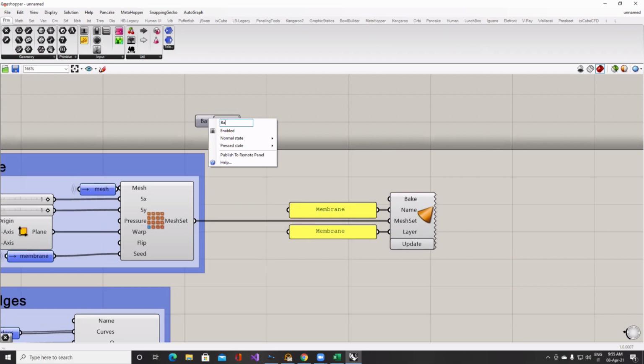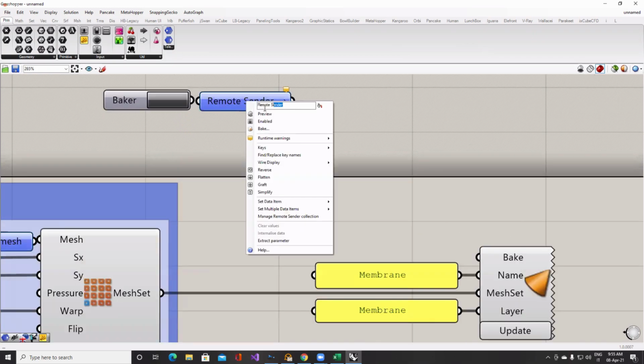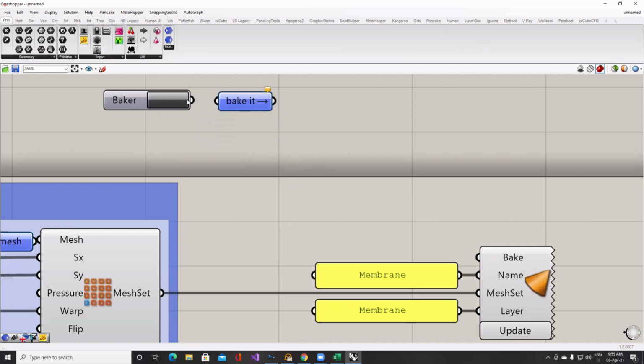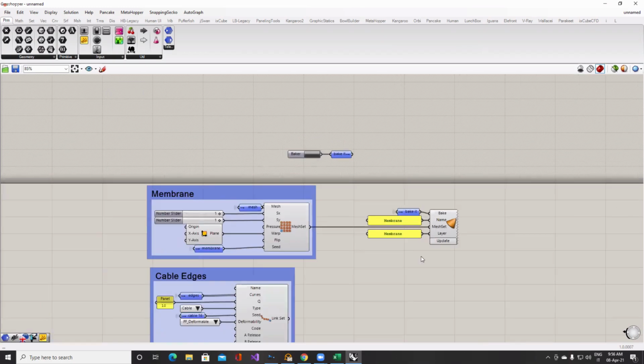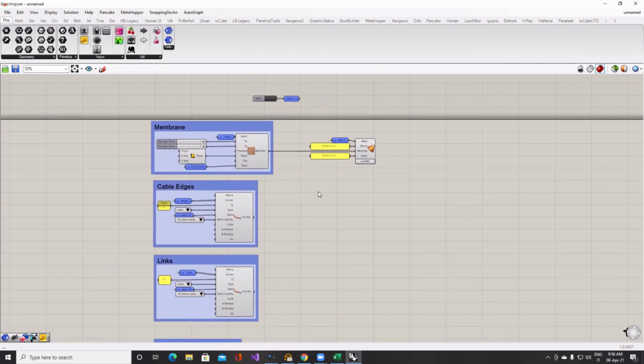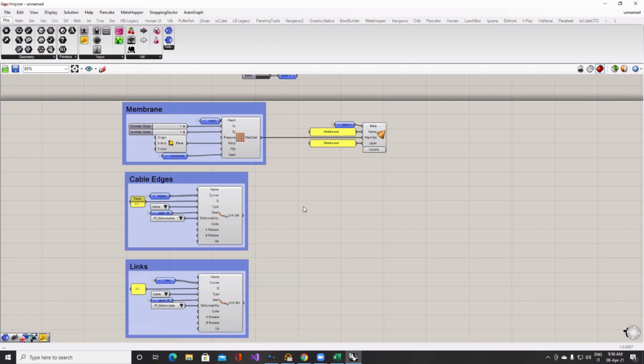You remember my baker, the song. This is my baker. I will plug in the baker to telepathy, and then I will plug it here. So when I click on this baker, all these groups will be generated one by one.